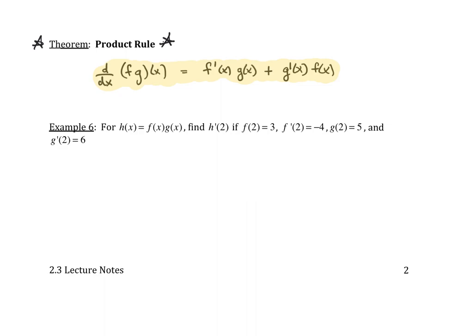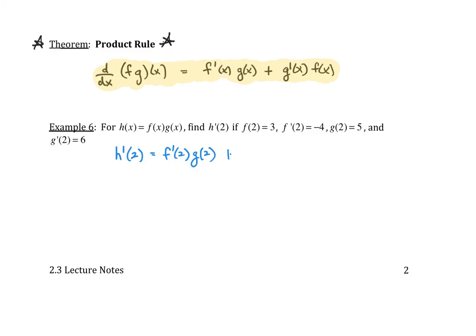If I want to find the derivative of h evaluated at 2, that's going to be h prime of 2, right? And I need to use the product rule. So I'm going to take the derivative f prime, and I'm going to plug in 2. I'm going to multiply by the second function, which was g, and plug in 2.